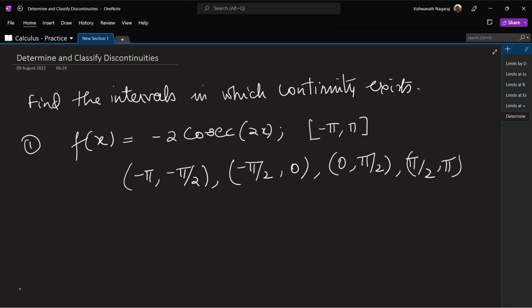Now, how did I determine this? Basically, by figuring out at what point the discontinuity exists and excluding those particular points.